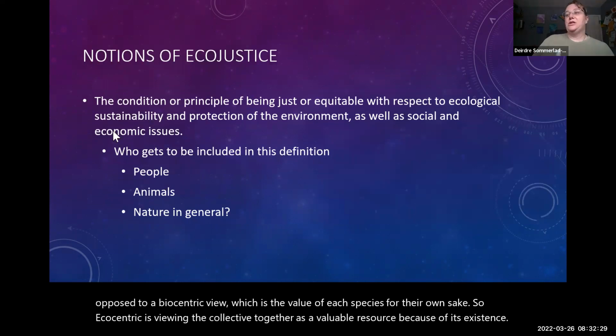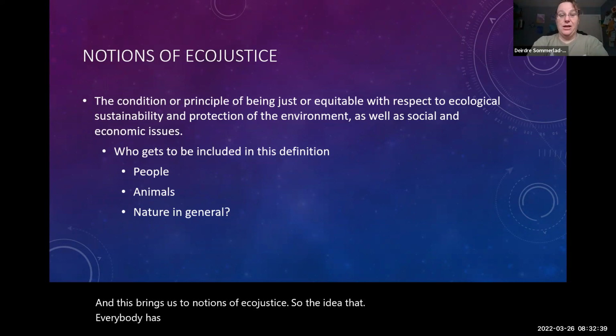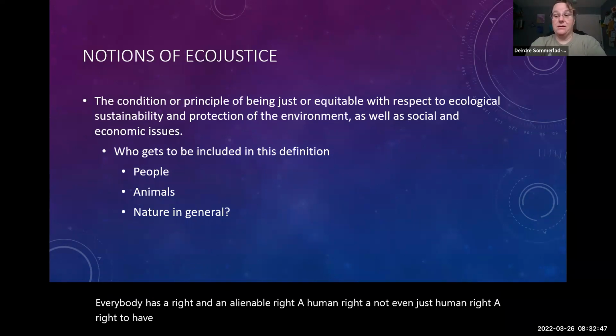And this brings us to notions of eco-justice. So the idea that everybody has a right, an inalienable right, a human right, not even just a human right, a right to have access to basic fundamental life-giving properties.